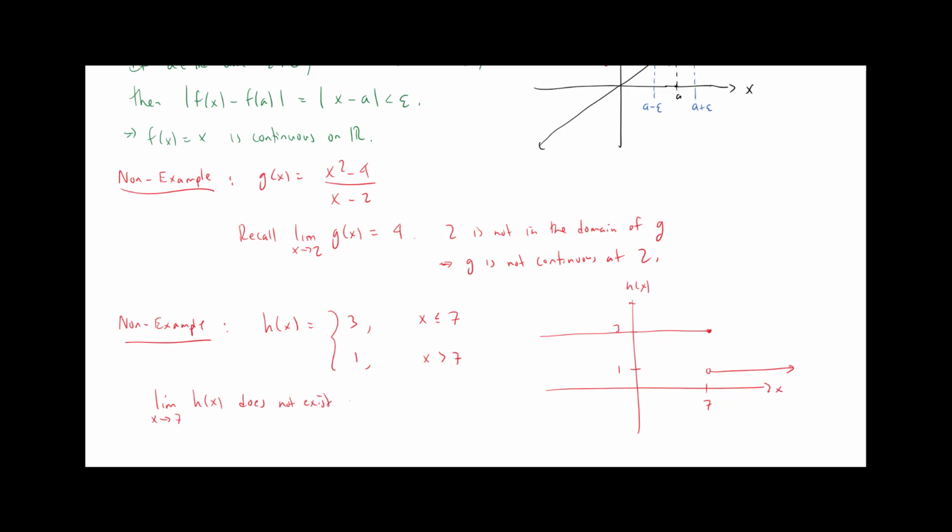And so this is actually going to imply, and it's not immediately obvious, but this is going to imply that h is not continuous at 7.